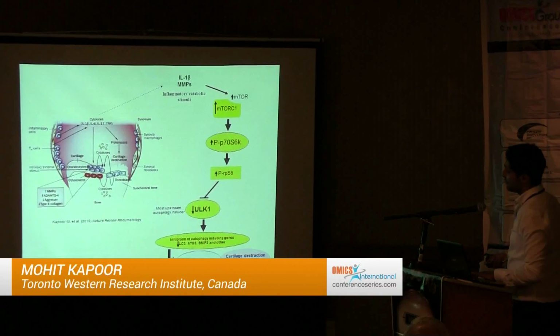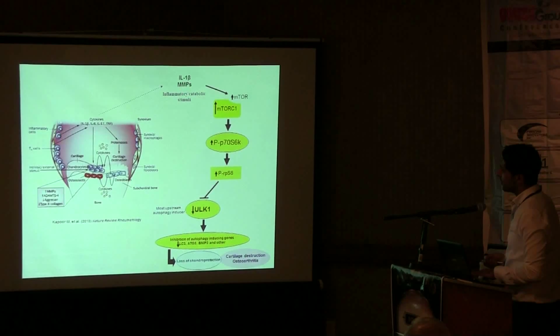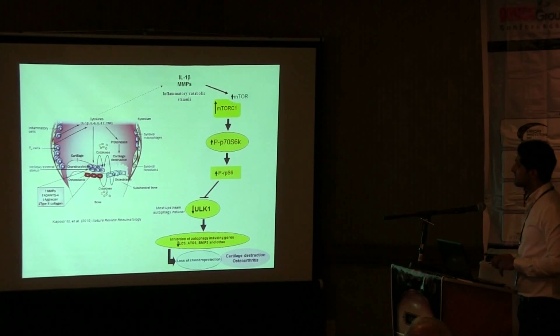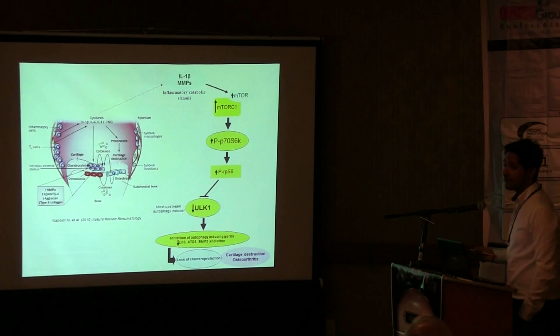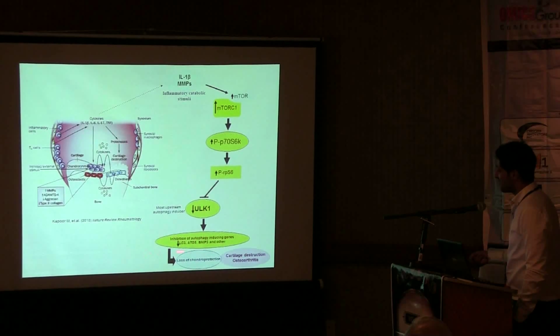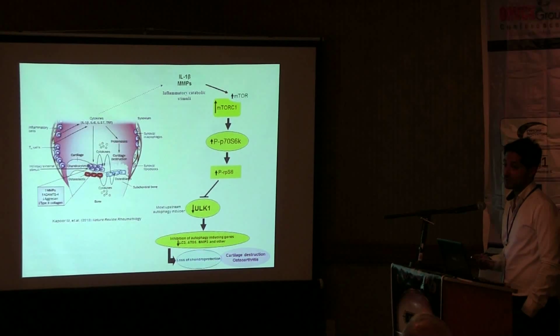So what we saw from this study was that probably in an osteoarthritic condition, and of course as you're aging, circulatory cytokines such as IL-1 beta, matrix metalloproteases, or any other inflammatory or catabolic stimuli directly result in upregulation of the mTOR signaling pathway, which blocks ULK1. If you block ULK1, you're blocking induction of autophagy. As a result, you lose chondroprotection. If you're losing chondroprotection, you are increasing the rate of apoptosis and decreasing cell survival in the articular cartilage.